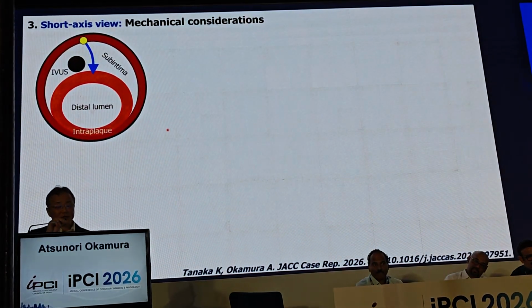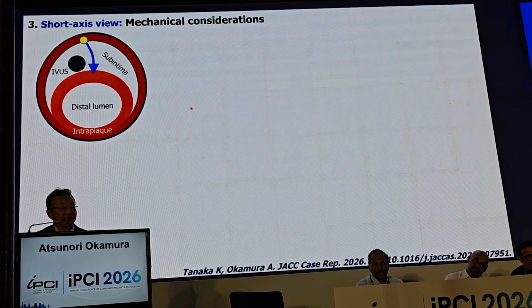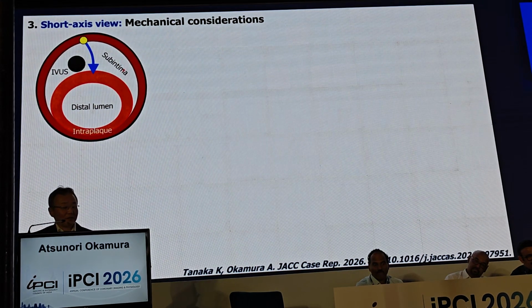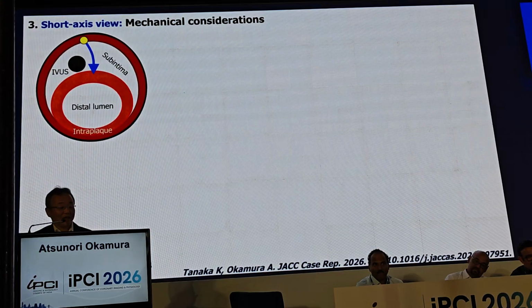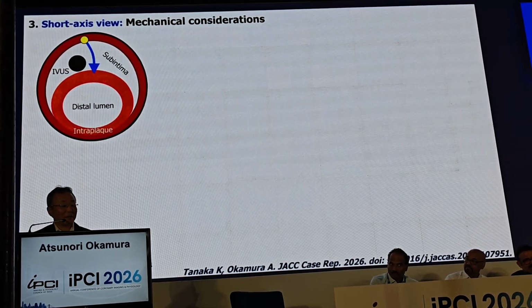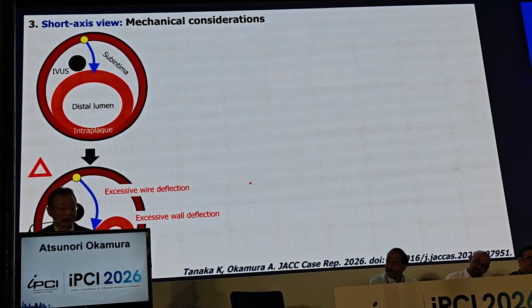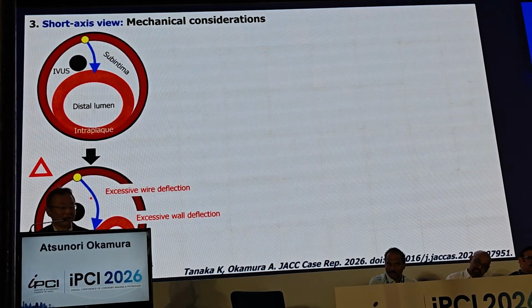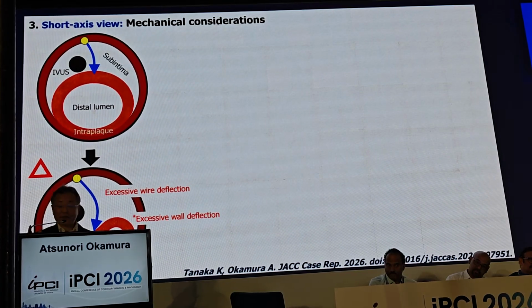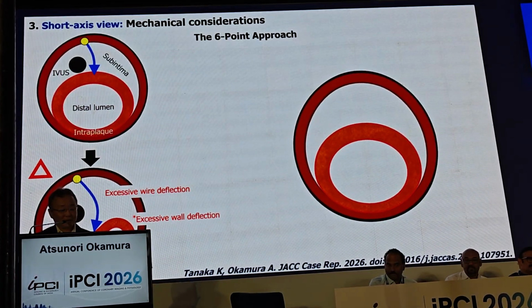The other one is the short axis view, thinking about mechanical considerations. This is a true lumen. If you try to do the ADR, TDADR like this one, the success rate is 50-50 because the guide wire will be deflected and the true lumen is deflected like this one. So you have to think about a 6-point approach.